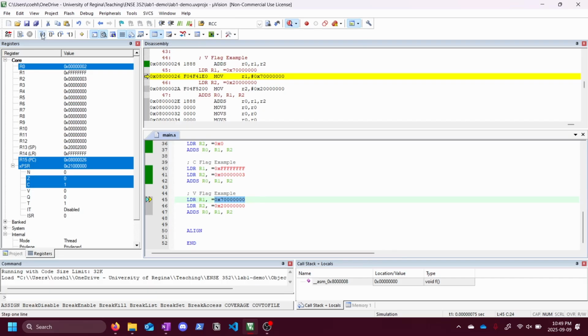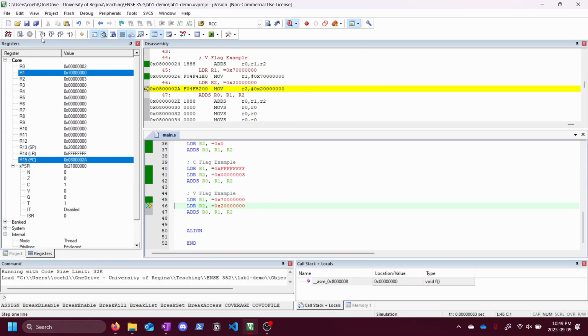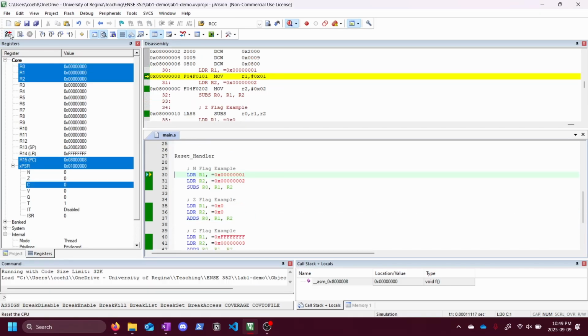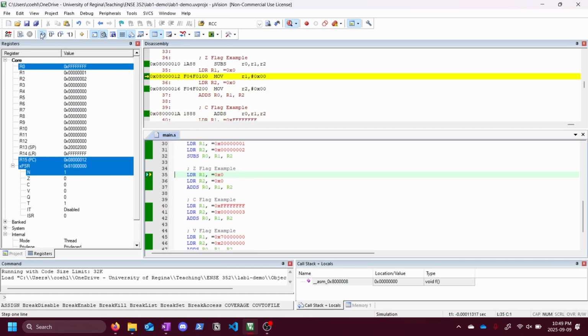So again, we're going to load in the hex 7000 and the hex 2000, and perform an add operation on those, and we'll see that the result should be a hex 9000, and the V flag will be set. I'm just going to reset it here and step through it one more time.